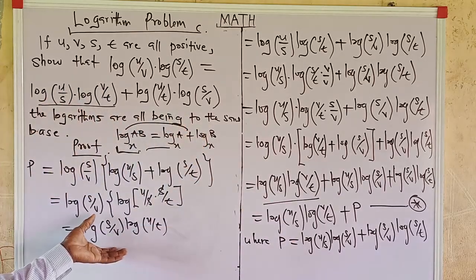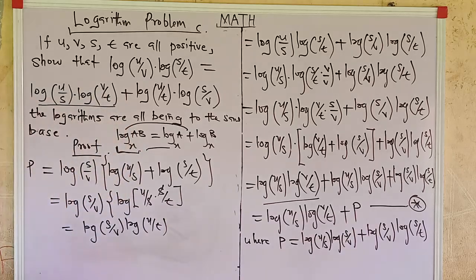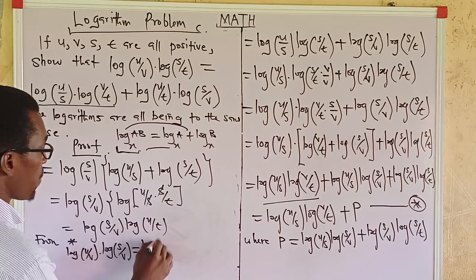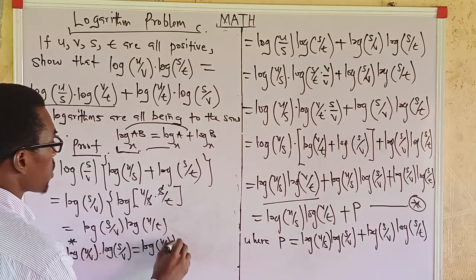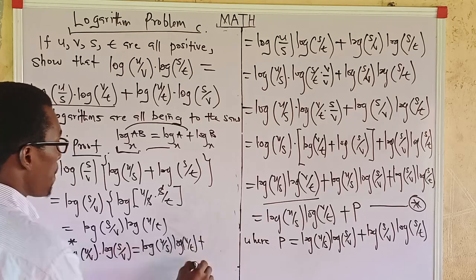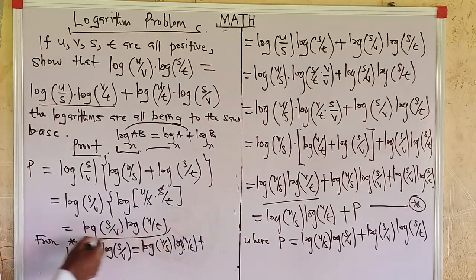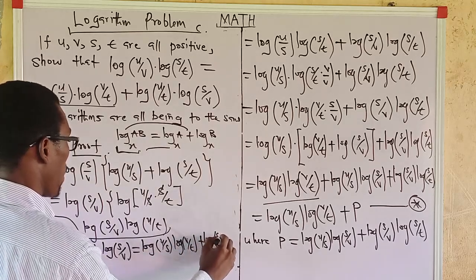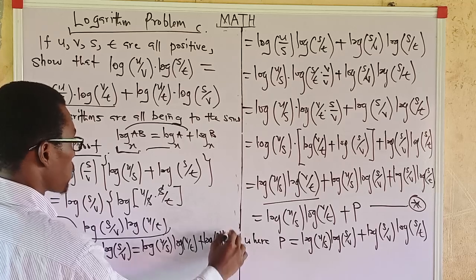So inputting this result into equation star, we have our result that, therefore, from star, we have that the log to an arbitrary base of U over V multiplied by log to an arbitrary base of S over T is indeed equal to, you come here and put this, log to an arbitrary base of U over S multiplied by log to an arbitrary base of V over T plus my P expression, which will be simplified to be this. Can you see that? Look at it here. In this case, I can write log to an arbitrary base of S over V multiplied by log to an arbitrary base of U over T.